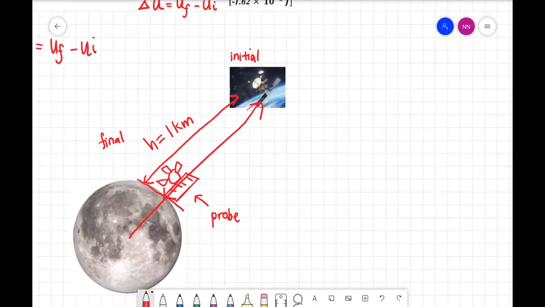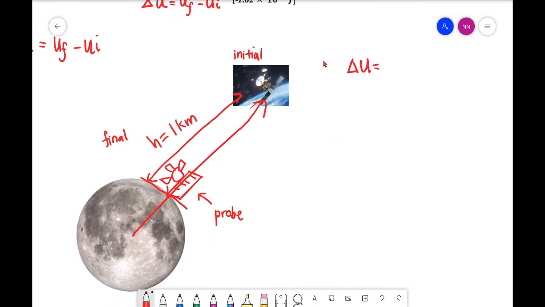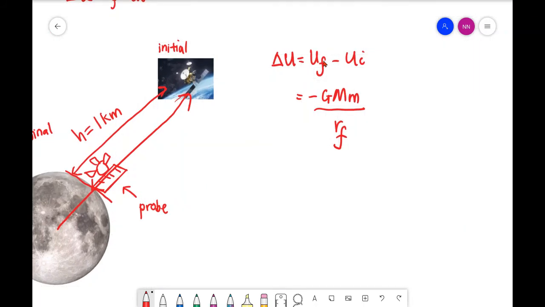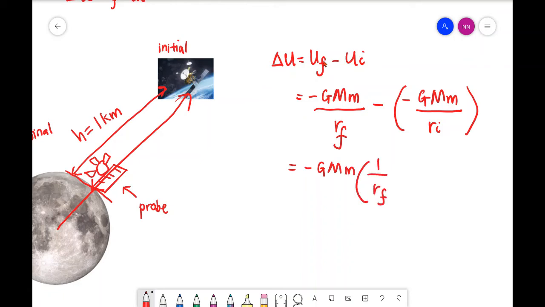Okay, the delta U is U final minus U initial. U final is negative GMm over R final, and U initial is negative GMm over R initial. Okay, so kita boleh factorize negative GMm, 1 over RF minus 1 over Ri.